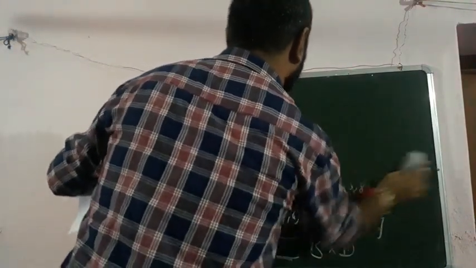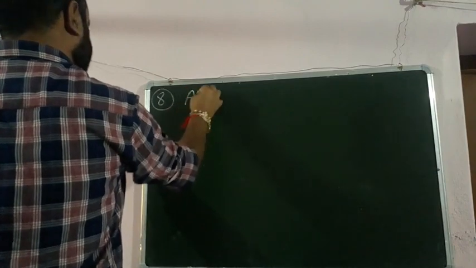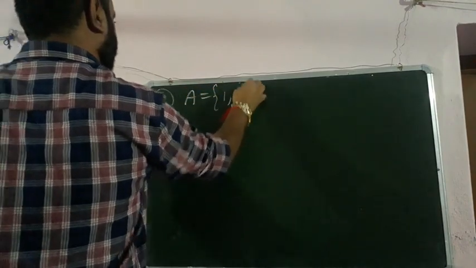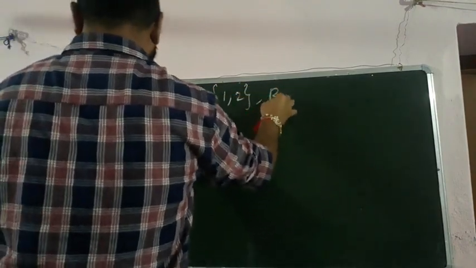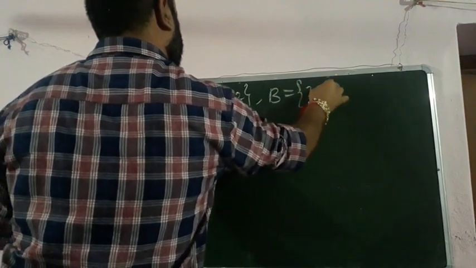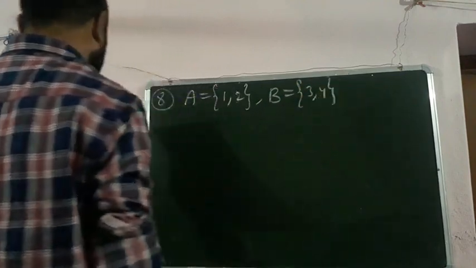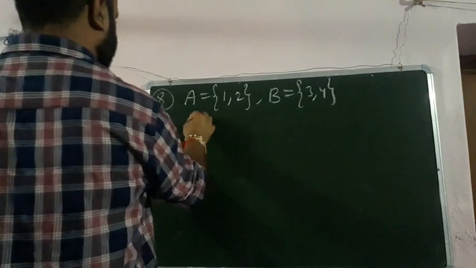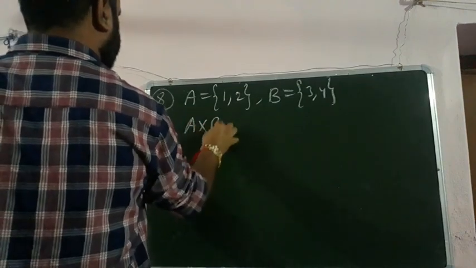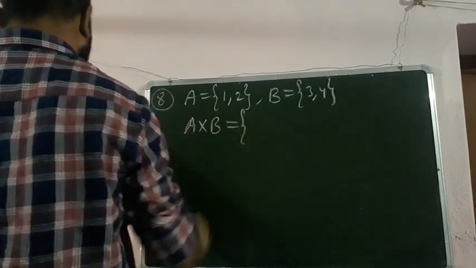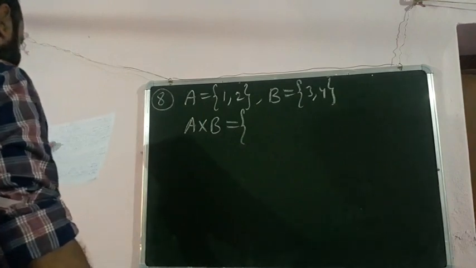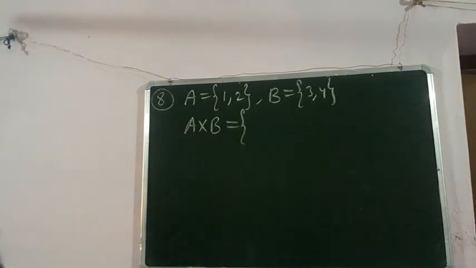Let us do the next question. Next question is question number 8. Let A is equal to {1, 2}, B is equal to {3, 4}. Write A cross B. First we have to find A cross B. Then how many subsets will A cross B have?